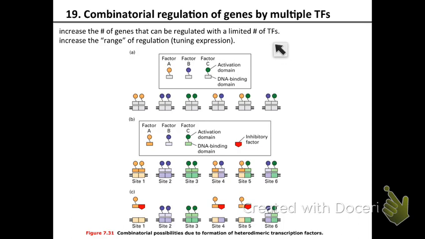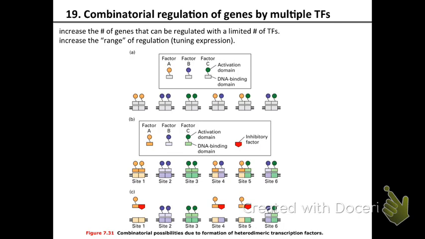So if you have combinatorial regulation, then you can increase the number of genes that can be regulated with a limited number of transcription factors. And this will also increase the range of regulation. Transcription regulation is not such that you turn genes on and off. It's kind of like a light dimmer. You tune up or down, okay? So don't think of it just as on and off. It's usually up or down. And having multiple transcription factors is going to do this.